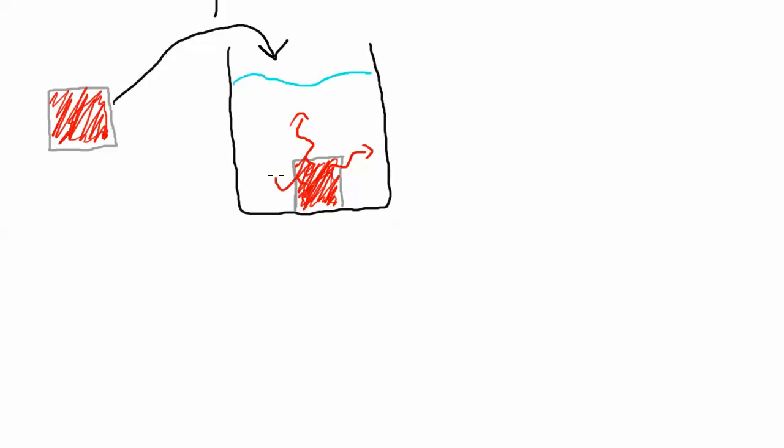And as this happens, you're going to see the temperature of the cube drop and the temperature of the water rise. And that's going to continue to happen until the cube and the water are relatively the same temperature. And then at that point, the energy going into and out of the cube and into and out of the water is going to be relatively the same because the temperatures are the same.